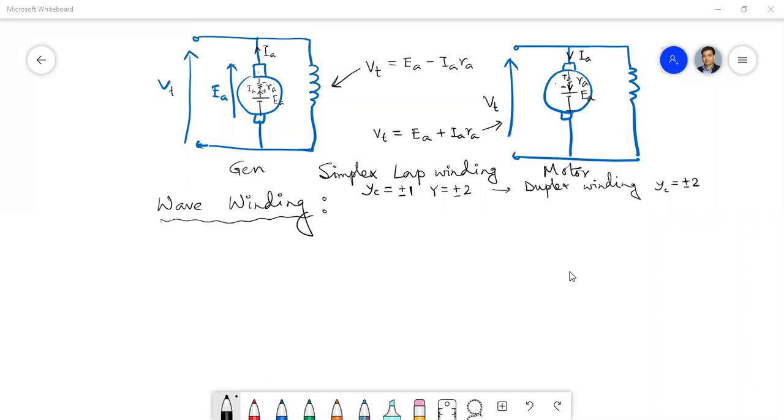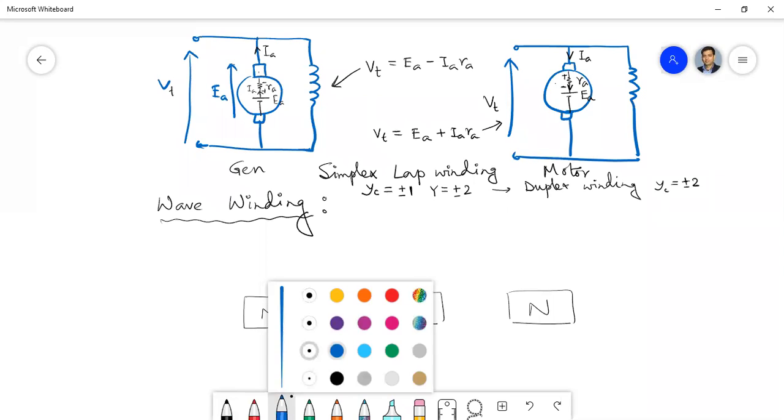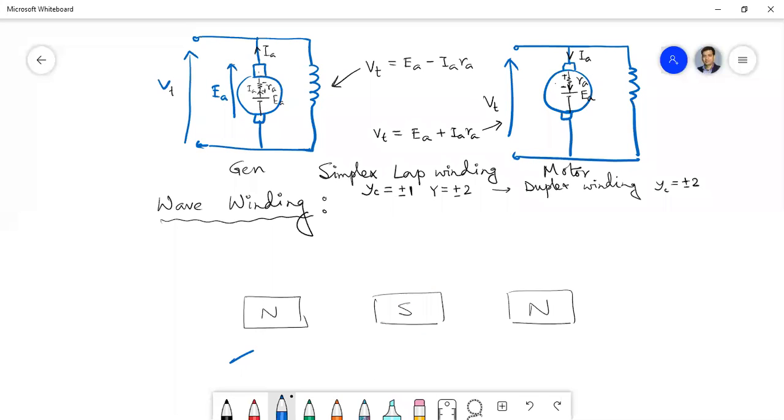Suppose I have a North Pole, then South, then again north like this. Now for wave winding, how will it look?